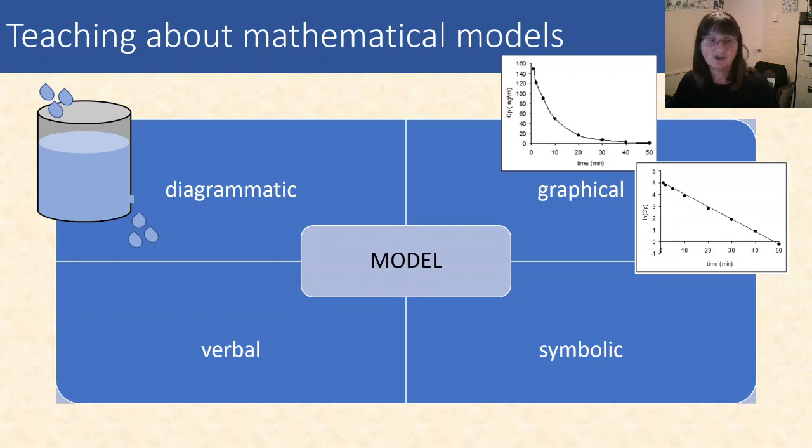We can build up an intuitive sense of what's going on in this simplified model. And only then can we start to introduce the symbols, explain what e is. Most students in the English education system will not have covered e. They won't know what it is. So we can tie all of these approaches together with a verbal narrative, a verbal explanation, and show students how these different ways of getting at this mathematical model can work together.